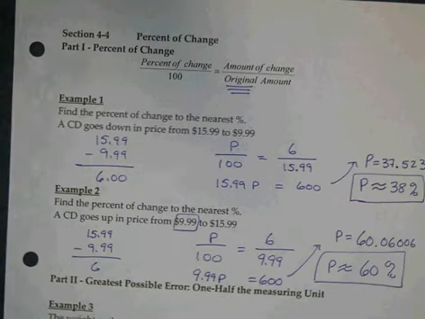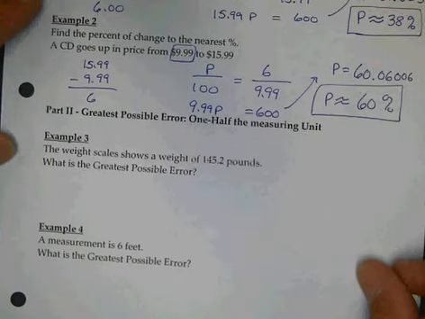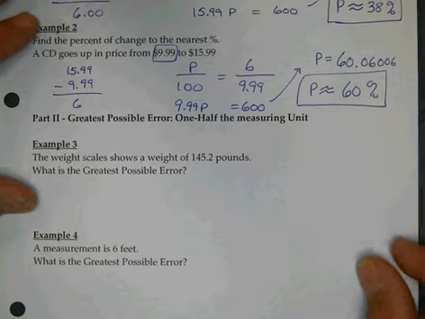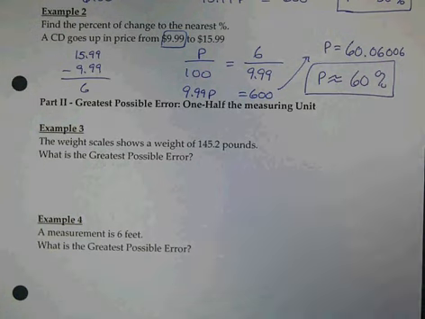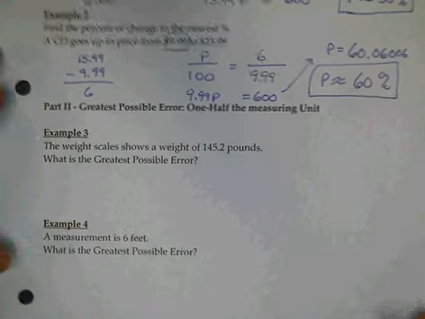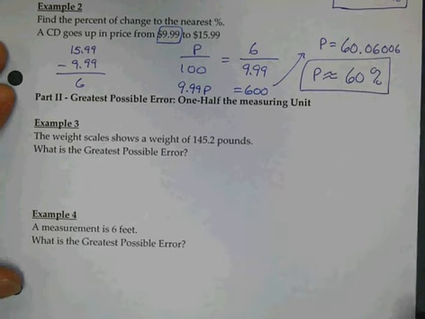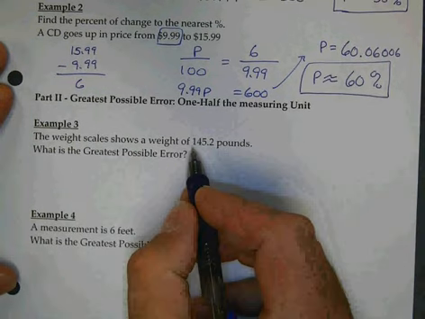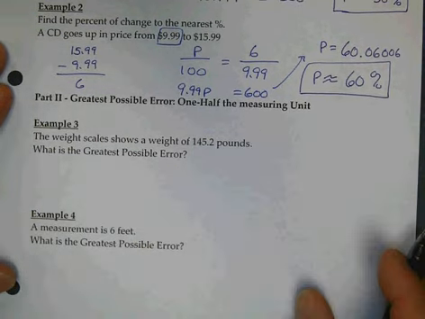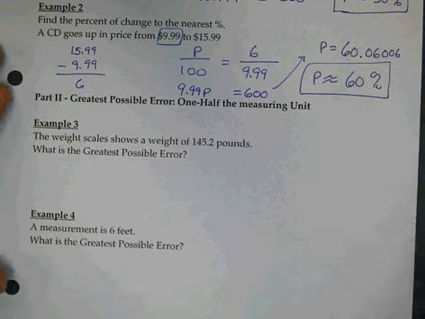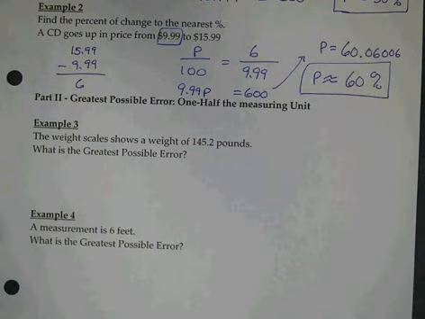All right, down at the bottom. Greatest possible error. When you guys are doing experiments and things like that, it's important to limit your errors by making as accurate as possible. So, one of my kids gets on the scale this morning, and the scale says 145.2 pounds. Now, you ever seen the scales that they like flicker back and forth between two numbers?